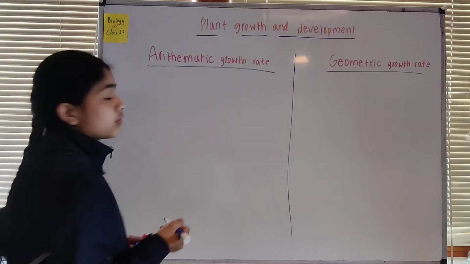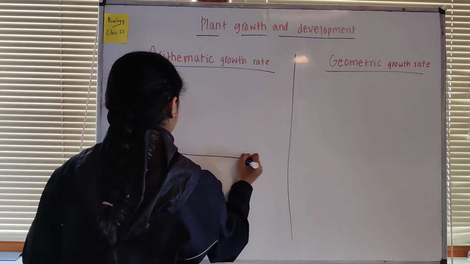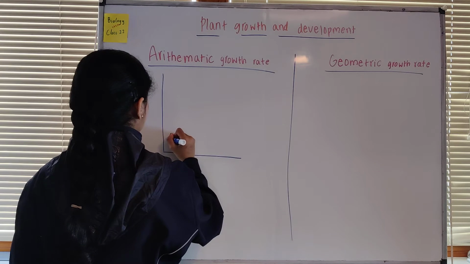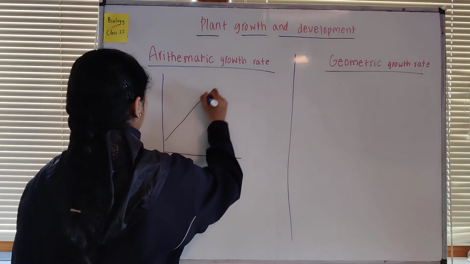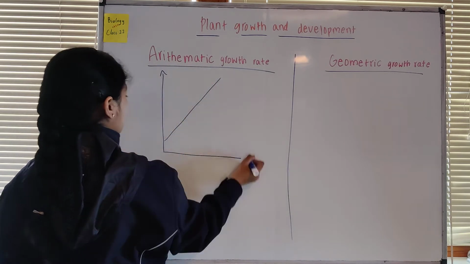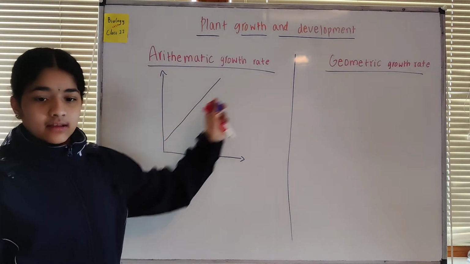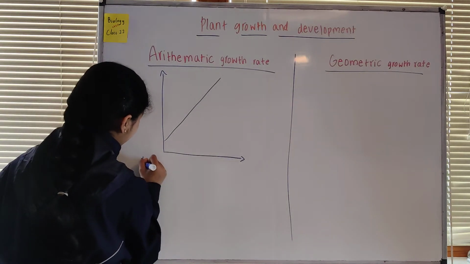For arithmetic growth rate, the graph somewhat looks like this. In this manner. So the graph looks like this. So it is linear. So we can take note of this one.